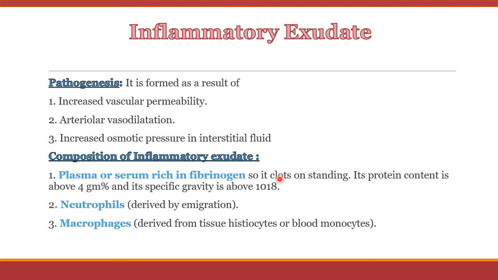And this is the opposite of the transudate that we mentioned before. It is very protein poor. Then we have other cells that passed out through the vessel wall, the neutrophils and the macrophages. So these are the main components of the inflammatory exudate.